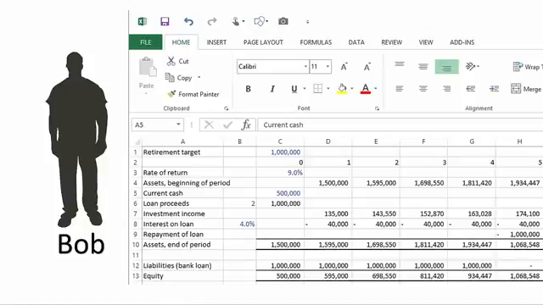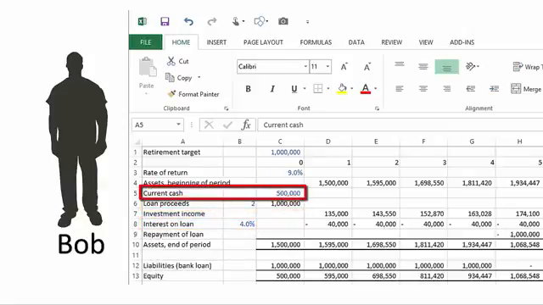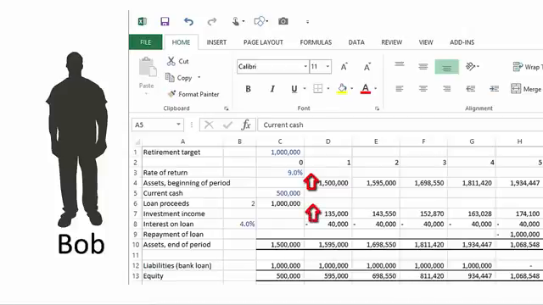In other words, the bank has now given us $1 million at a cost of 4% to invest alongside our own $500,000, with the expectation that we're going to repay the $1 million loan at the end of 5 years. Our investment opportunity still yields 9%. But because our investment has tripled in size, so has our income.